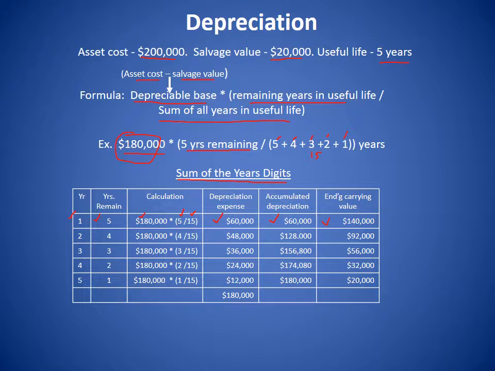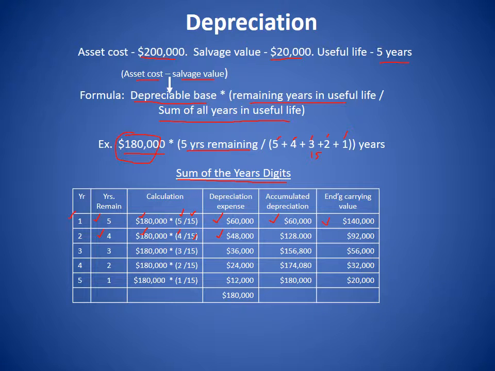Year number two then, we have 4 years remaining, starting with year number two. And again, $180,000 depreciable base times now 4/15 sum of the year's digits. Now our depreciation expense equals $48,000.